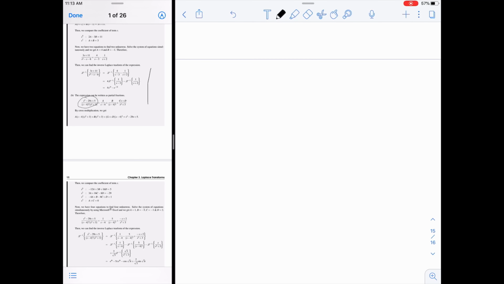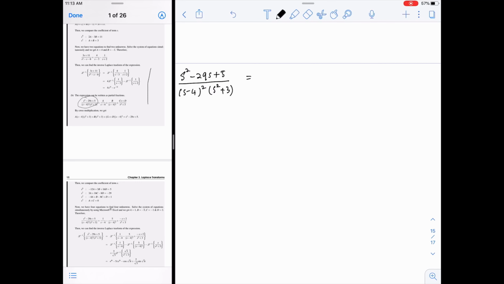Okay, let's say you have (s squared minus 29s plus 5) over (s minus 4) squared, and then you have another one which is (s squared plus 3).